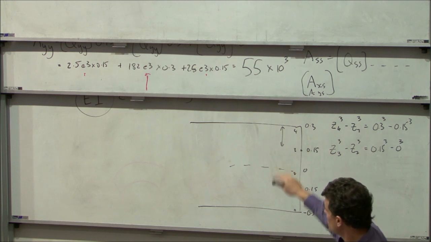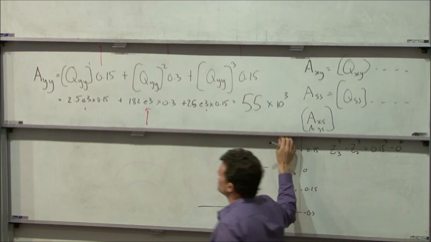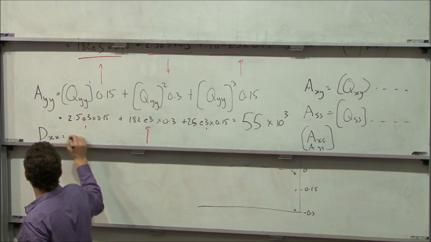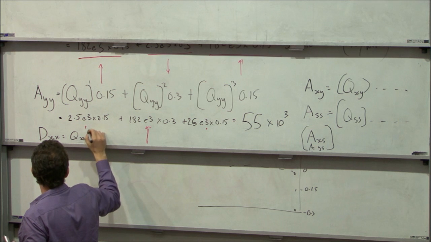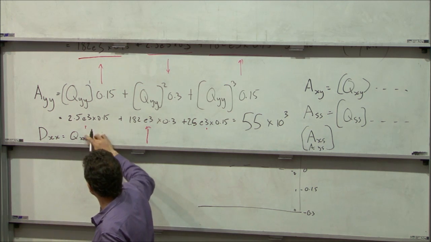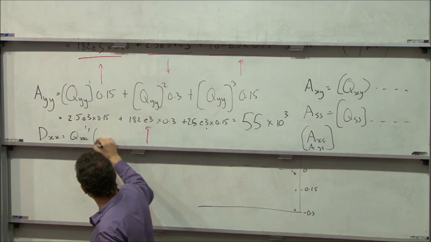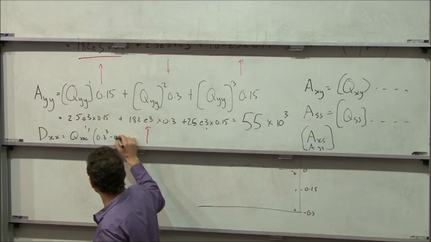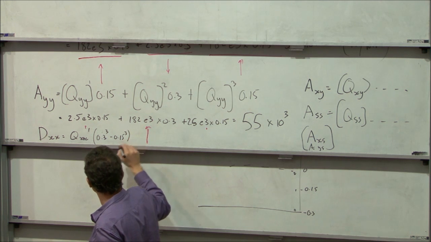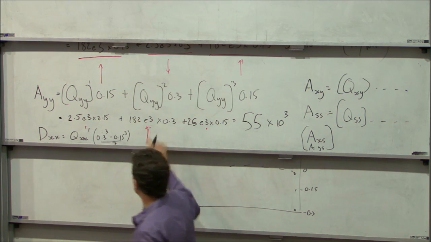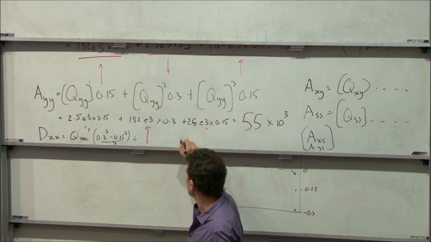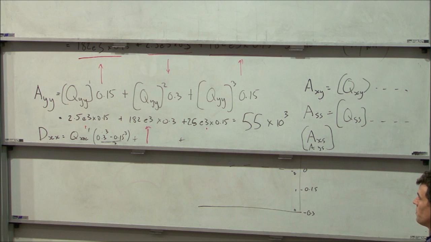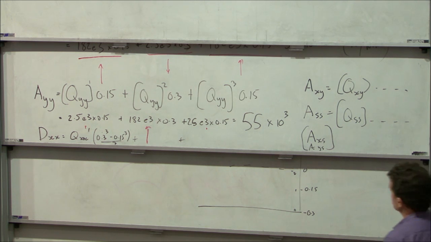Now you go through the maths in exactly the same way. So the maths is exactly the same. D_xx equals Q_xx0 or Q_xx1, but now we have to have 0.3 cubed minus 0.15 cubed on 3, plus, plus, plus. So there's no change to the maths other than the terms we substitute in.